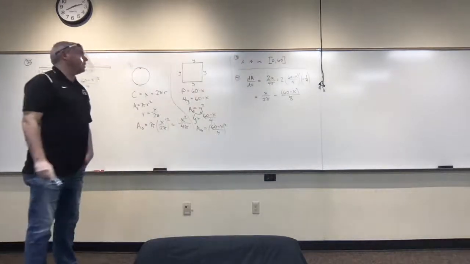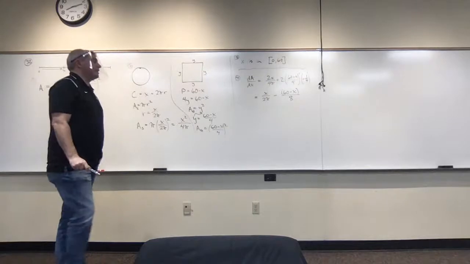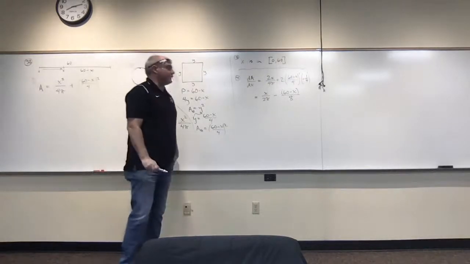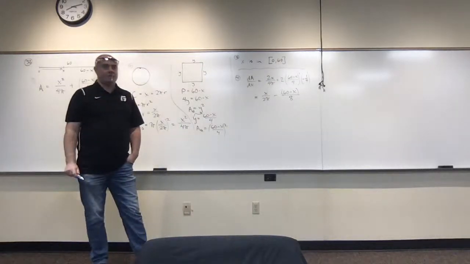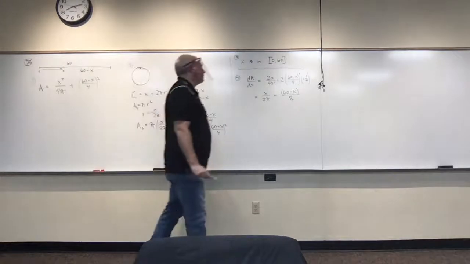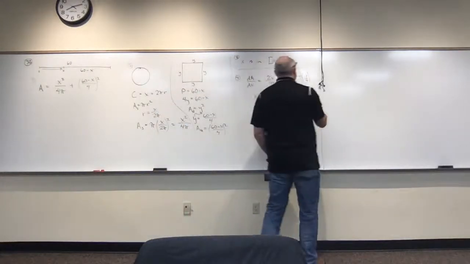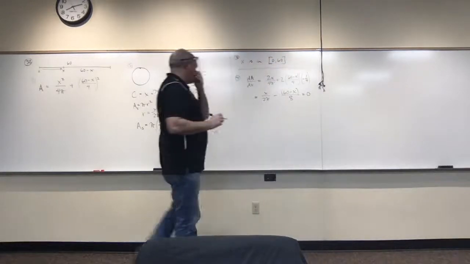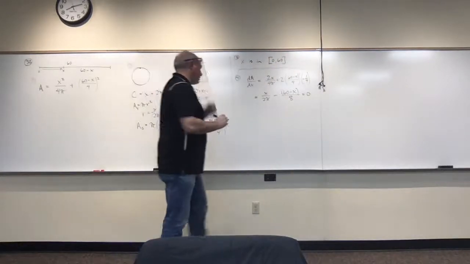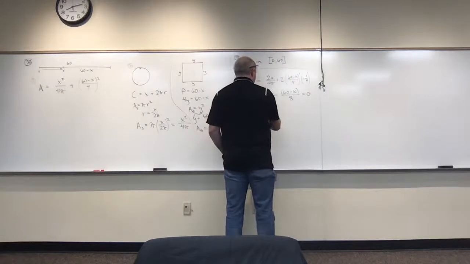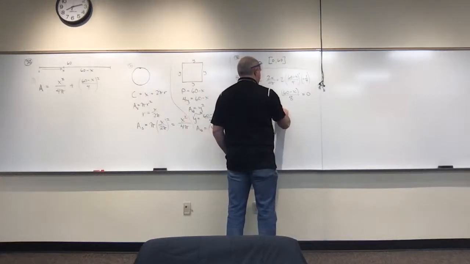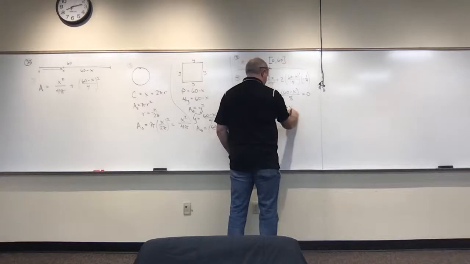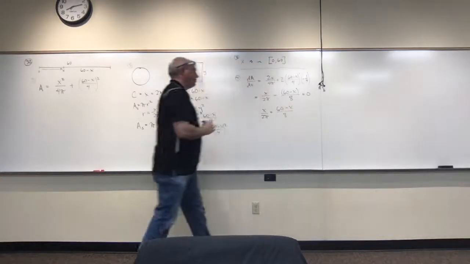Okay, so now we want to set that equal to 0 and solve for x, and see if we get anything between 0 and 60. So we'll set it equal to 0. And now we're going to solve for x. So we get that x over 2 pi is equal to (60 minus x) over 8.